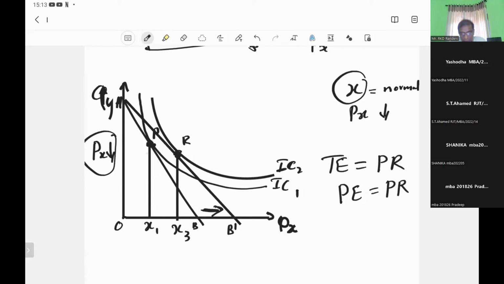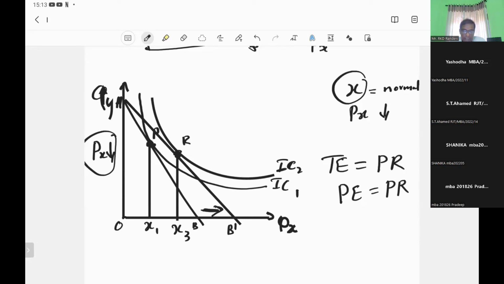The other thing is that if the price is reduced, the consumer buys more of that commodity. That also causes the equilibrium point to shift from P to R. Then P to R is the total effect or price effect, caused by two reasons: one is the substitution effect, the other is the income effect.